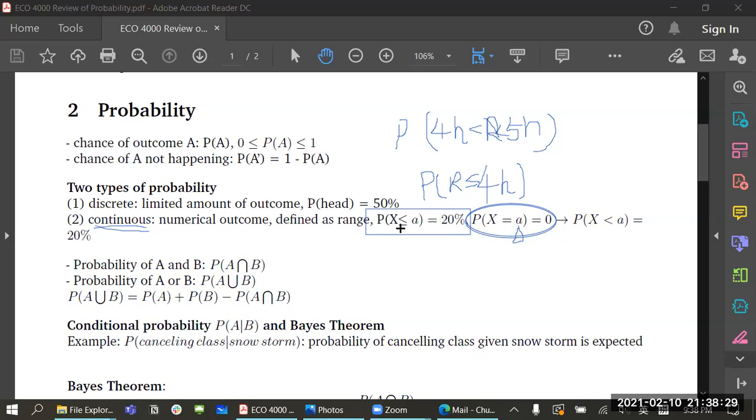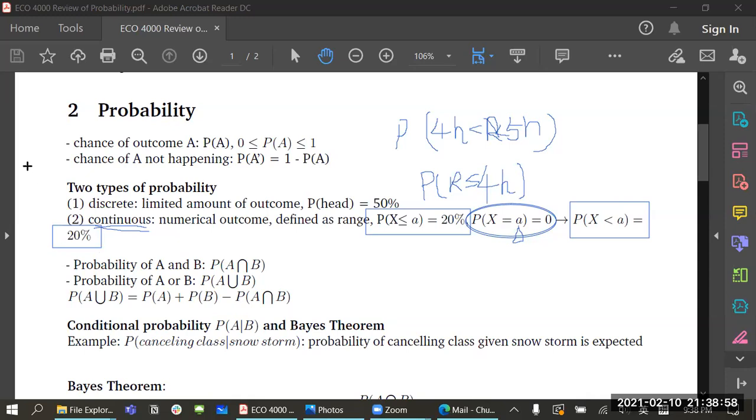So that means you can say the probability of X smaller or equal to A is 20%. You can also say the probability of X smaller than A equals 20%, and none of them are wrong. Both of them are right. They mean the same thing.